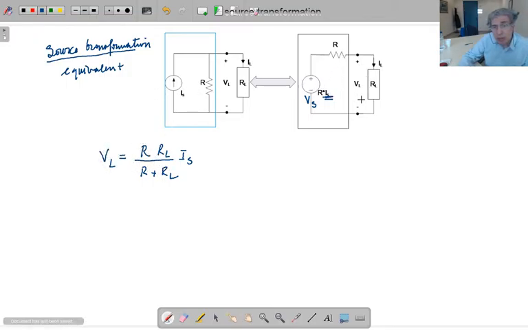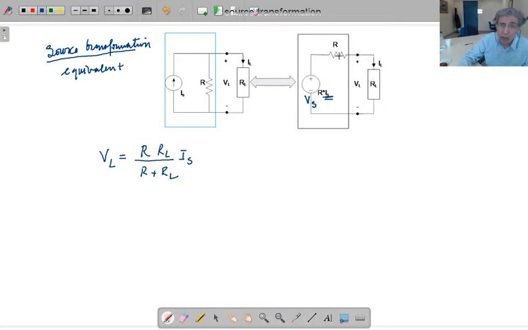What is it in the right hand circuit? These two resistors are connected in series. So if I divide this independent voltage source voltage Vs by the equivalent resistance, then I'm going to find this current, this element current.